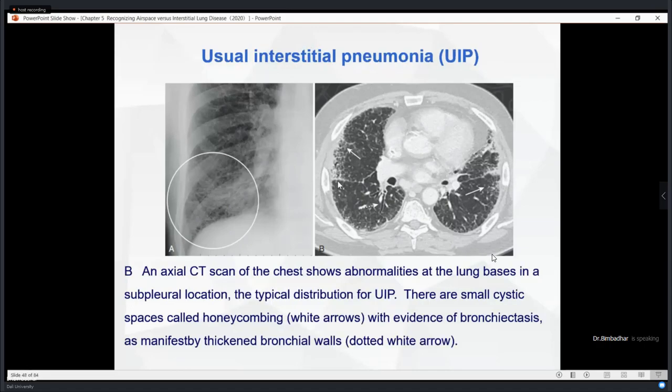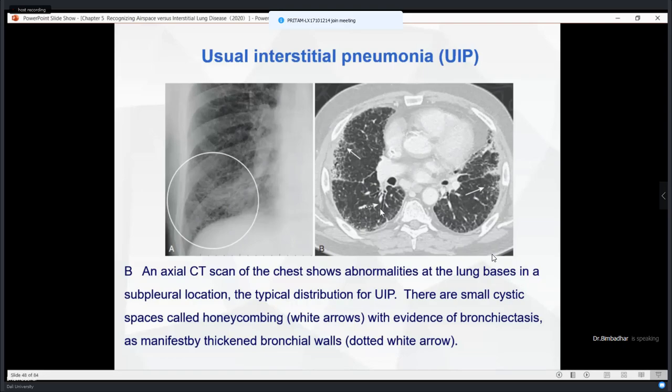Also, in the same image, this white dotted line is the thickened bronchial walls, right? Thickened bronchial walls. You can also call this tram tracking, or you can call it the railroad sign.